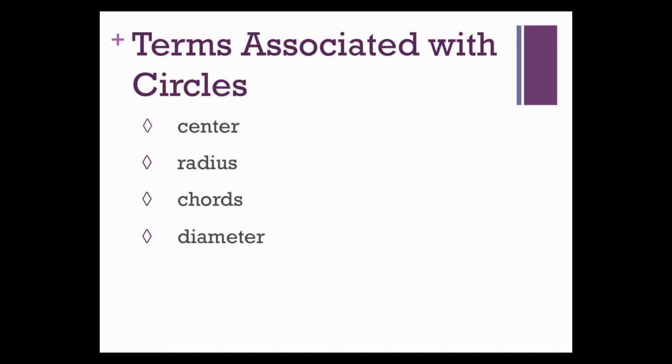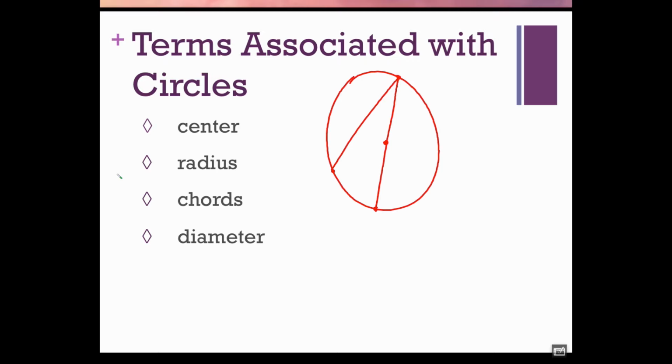Not bad. Is that a diameter? That's what you said. You said a line segment that runs through the circle through the center. It starts at the circle, runs through the center, and ends at the circle.